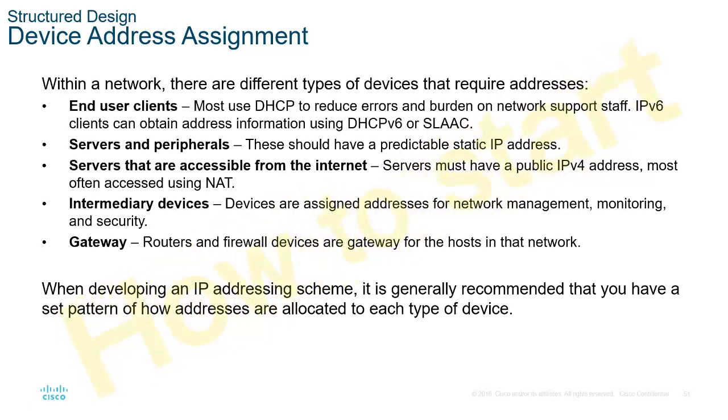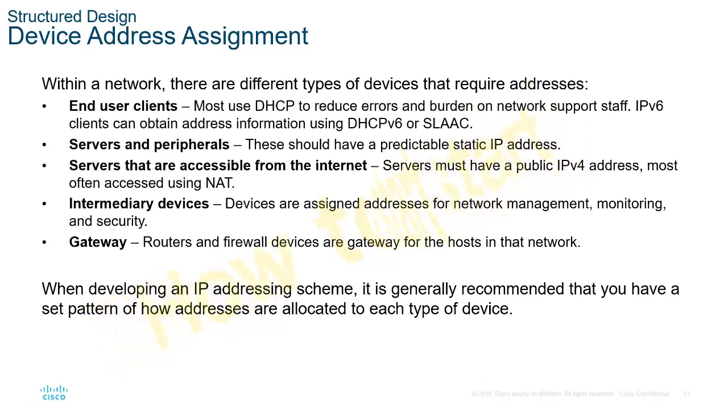But we can do end-user clients using DHCP. We can have servers and peripherals. Maybe these are static addresses. Maybe these are DHCP with reservation addresses in DHCP, so they always get the same address.